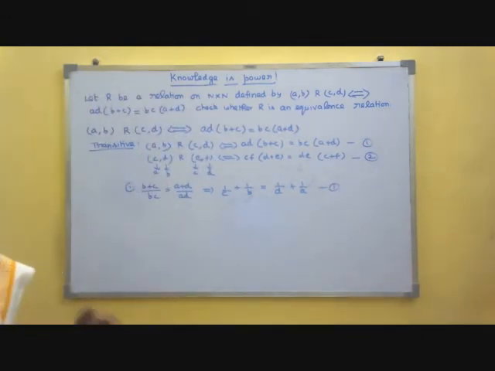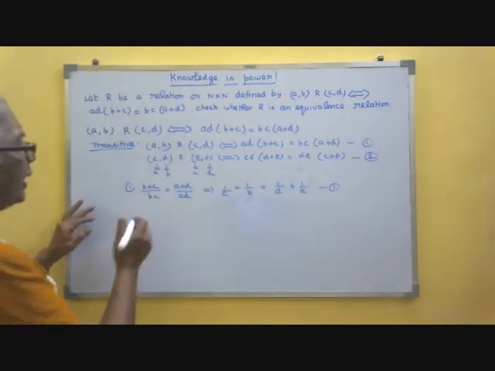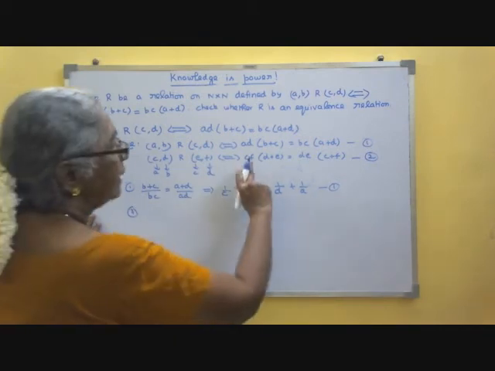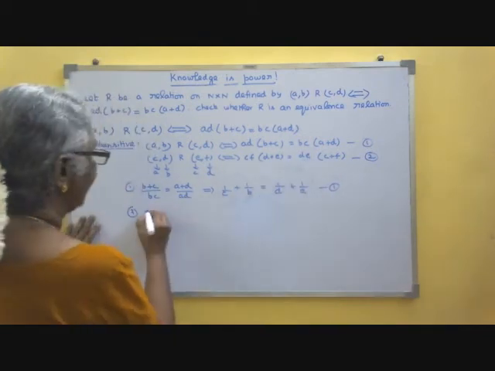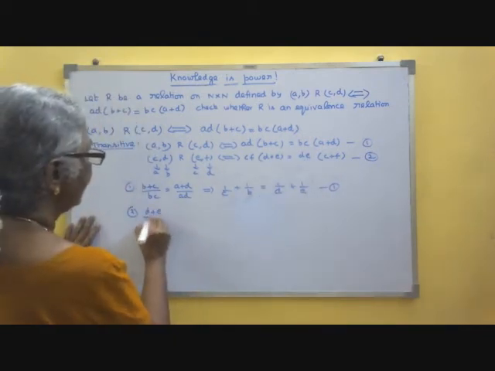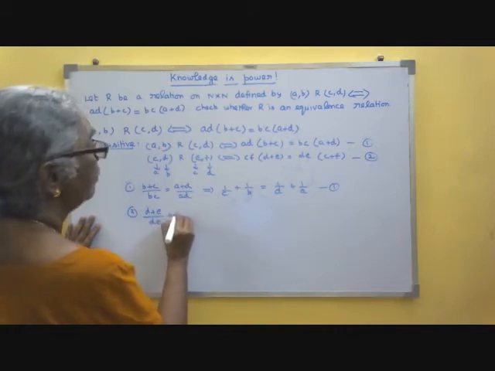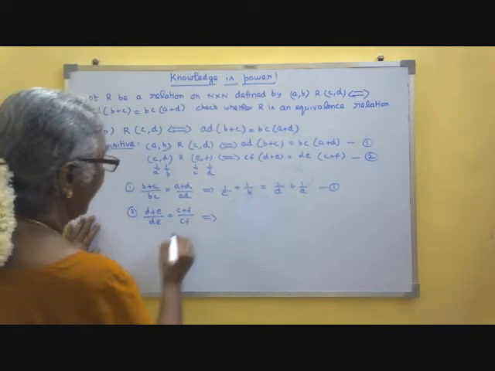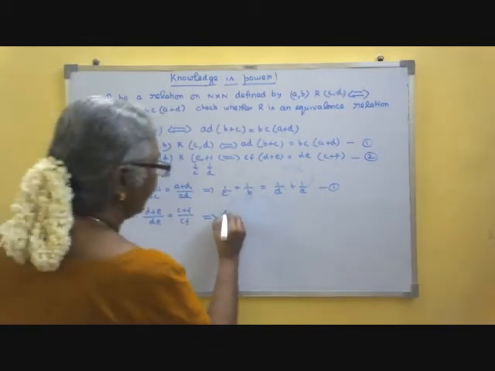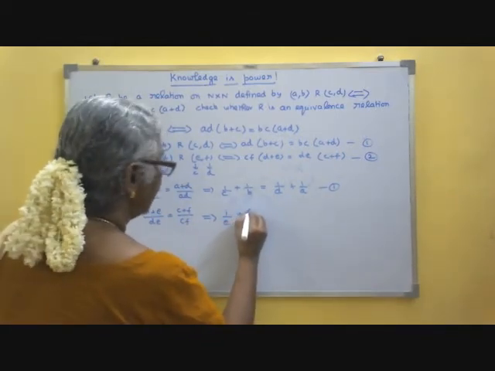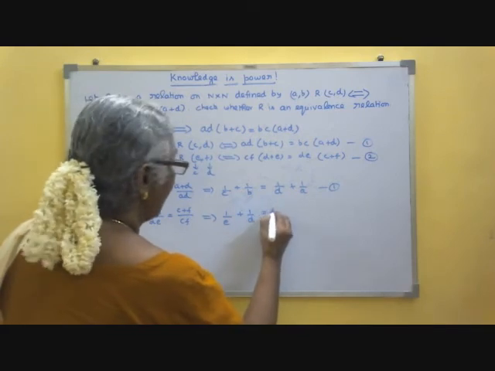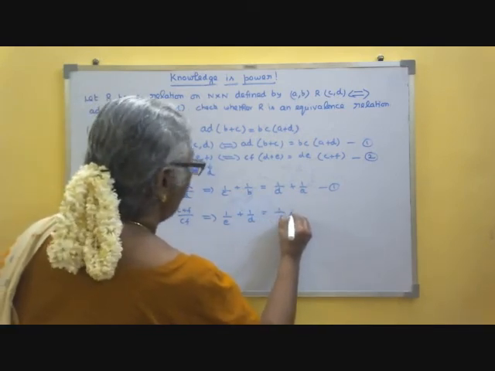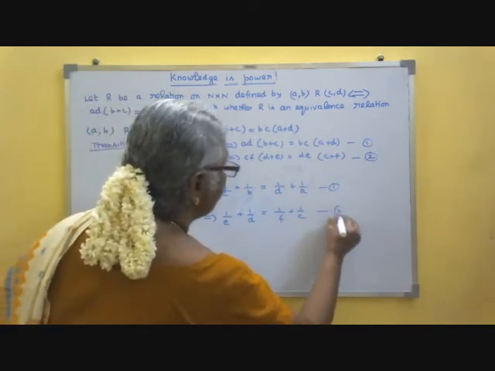Okay. Now let me arrange 2 also in the same way. I will take the CF here, I will bring the DE here. So (D + E) by DE will be equal to (C + F) by CF. That will imply 1 by E plus 1 by D will be 1 by F plus 1 by C. This is 2.